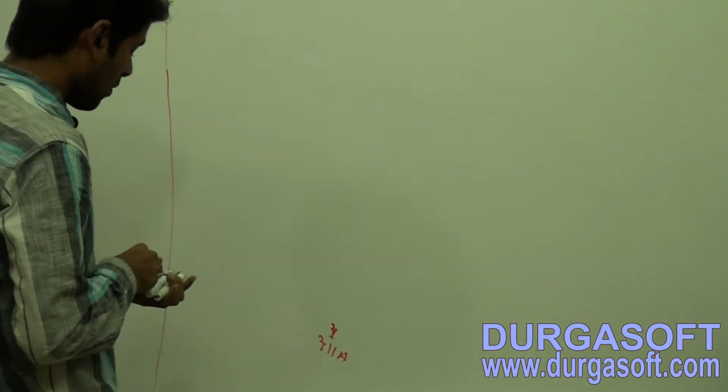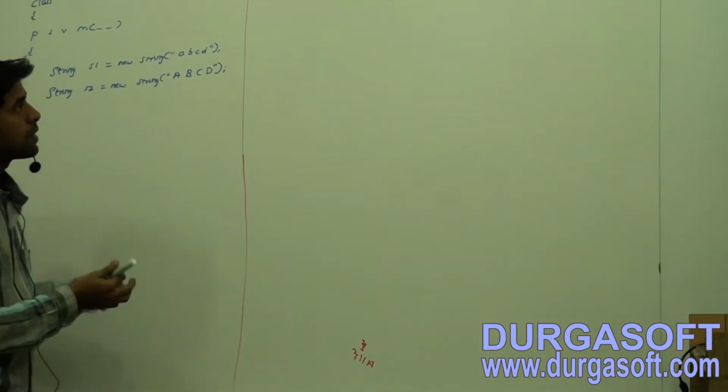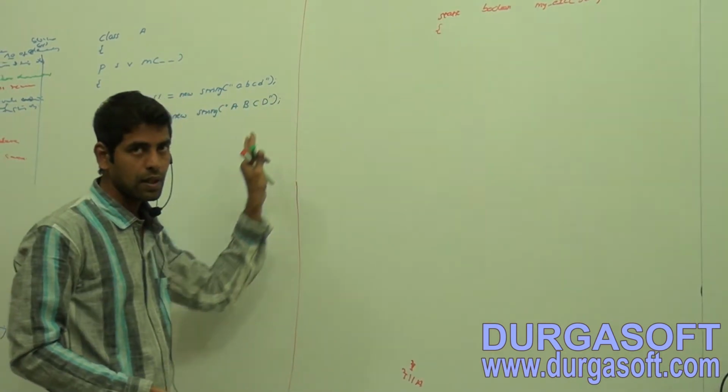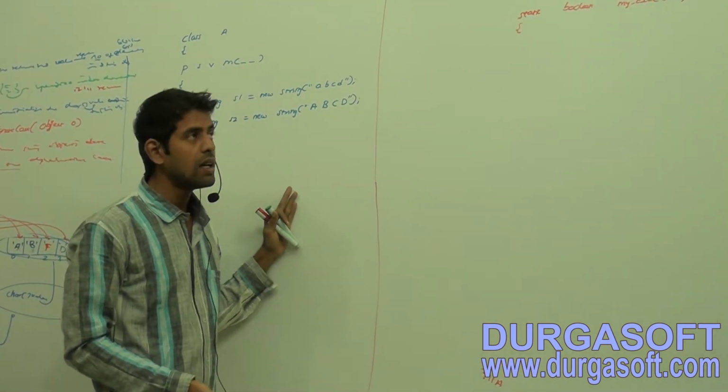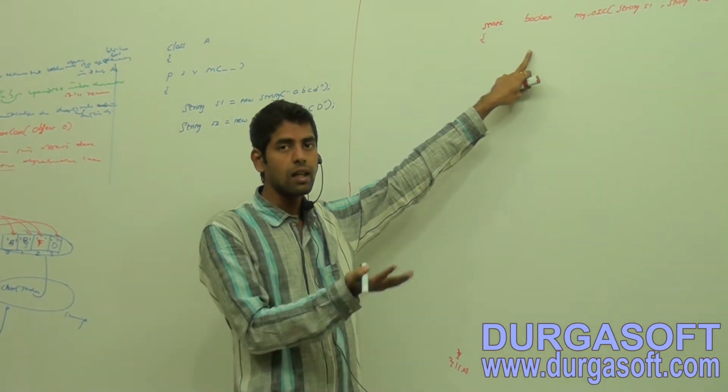Now observe here what I am going to do. How to call that method? It is a static method. We can call it directly within the main method, and it has a return type. Think that it is returning a value.